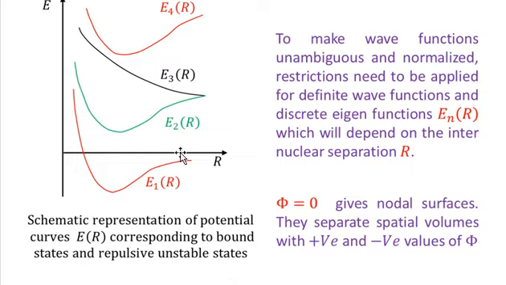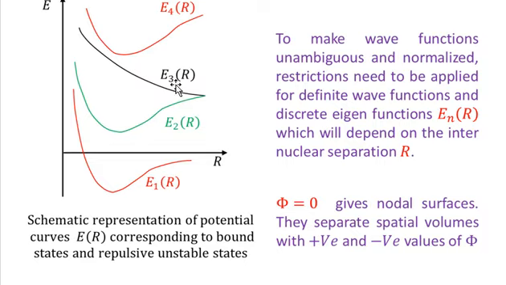For example, E1 of R has a depth over here in the curve. It will be represented that this corresponds to the bound state because this curve goes in the negative side of the potential. So this represents a bound state. This E2 state is a stable state, but this is not a bound state because the potential has a positive value all the time.